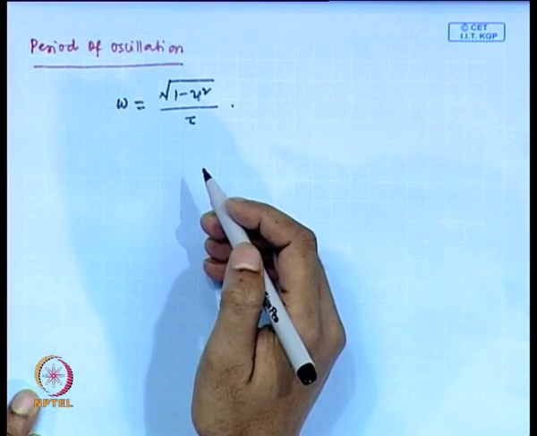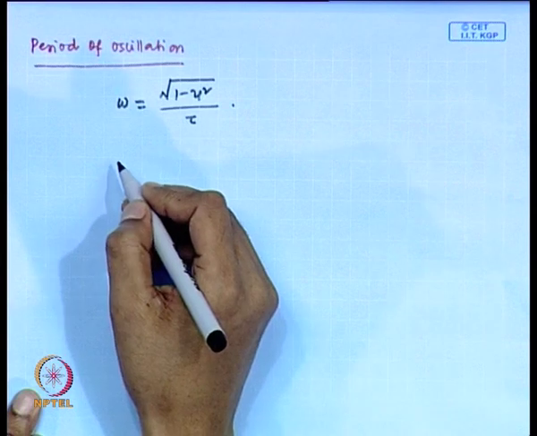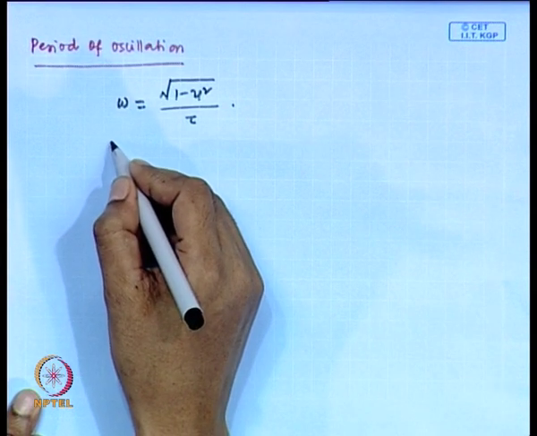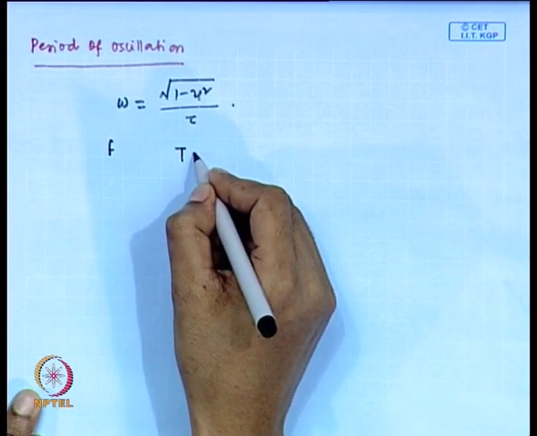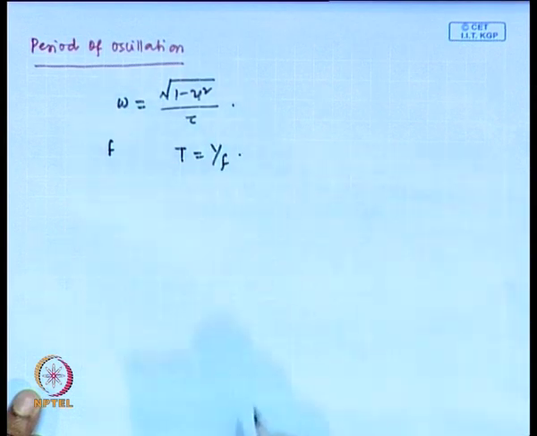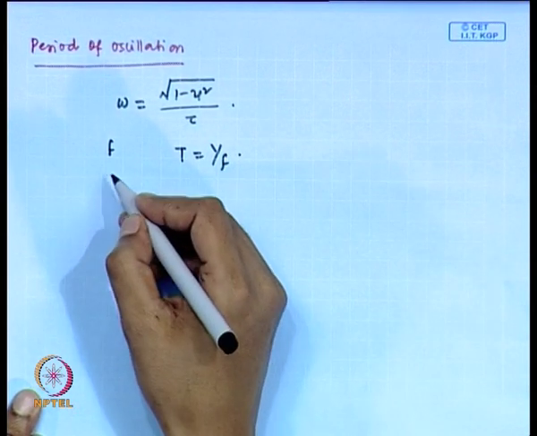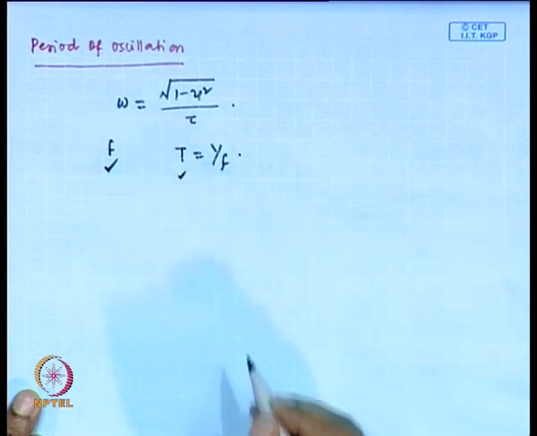Now, we will consider f, the cyclical frequency, whose unit is cycles per unit time. So, if the cyclical frequency is f, then the period is 1 by f.